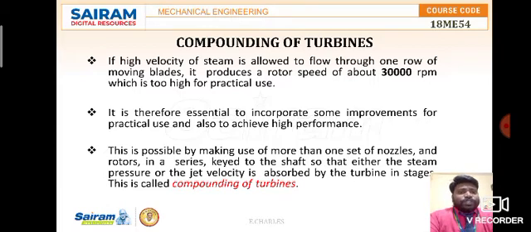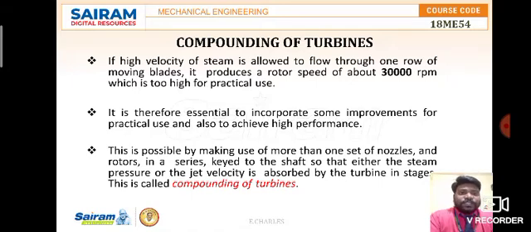The high velocity of steam is allowed to flow through one row of moving blades. It produces a rotor speed of 30,000 rpm, which is too high for practical use. If you take one set of moving blades and stationary blades, rotor and stator, the rotor speed will be 30,000 rpm, but practically it is impossible for a turbine to rotate at 30,000 revolutions per minute.